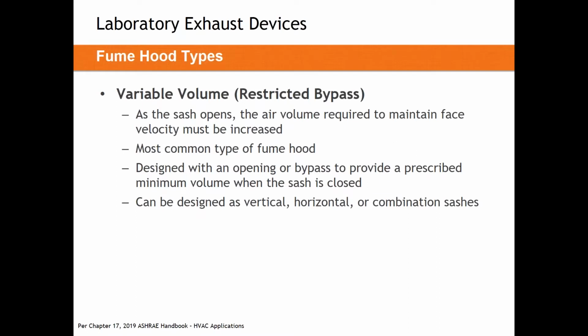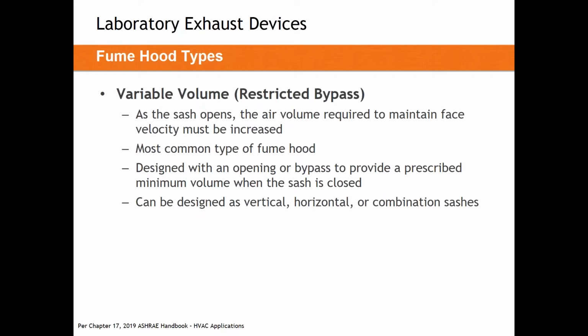Reducing makeup air, or not introducing more makeup air, is one of the quickest ways to create a more efficient lab. Makeup air is what costs money. It's what costs energy in a laboratory. So if we're allowed to turn these fume hoods down, meaning as we require less air to maintain face velocity, we can turn down that exhaust airflow rate, meaning we can turn down our makeup airflow rate.